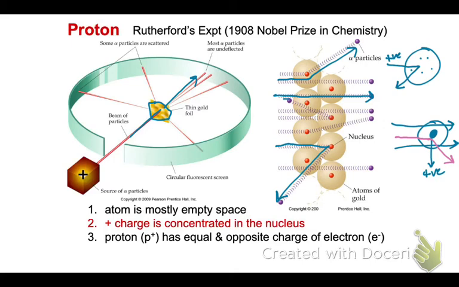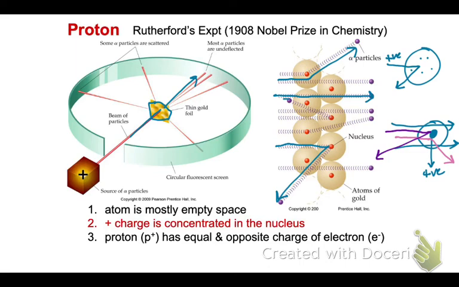The ones that were bouncing back, they concluded, must have hit that mass that has a positive charge and bounced back accordingly. So their conclusion led to the discovery that there is a mass in the middle, which we call a nucleus, and they concluded that most of the atom is empty.